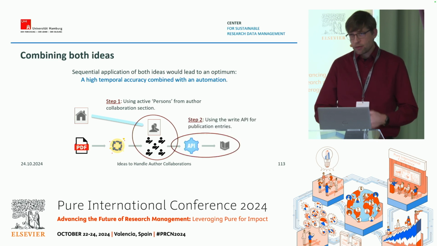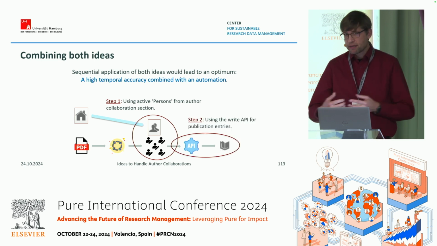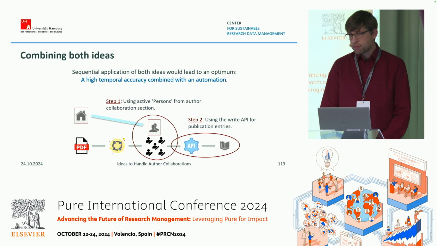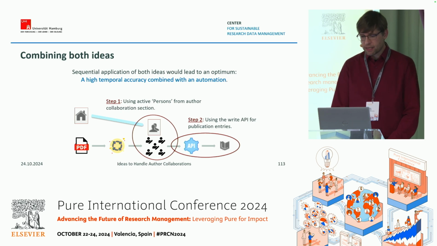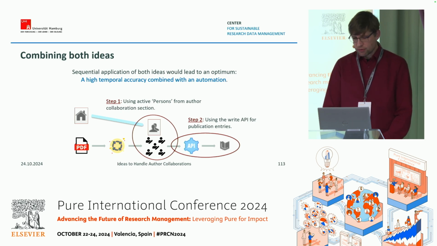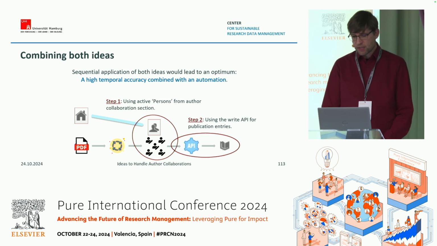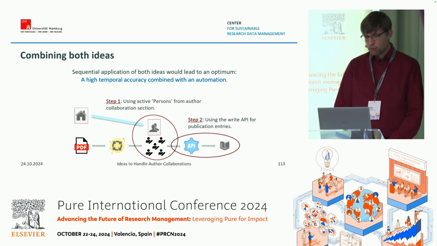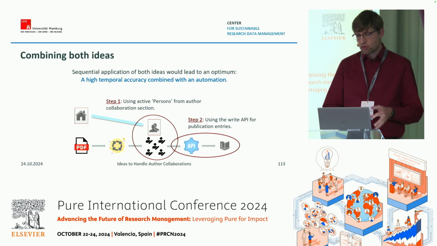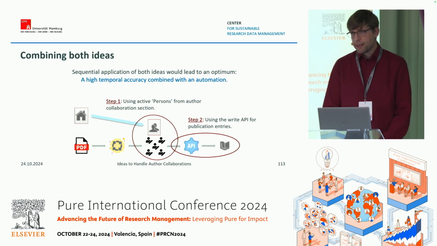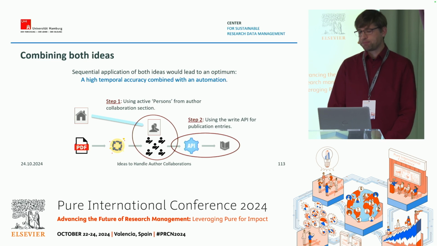Then we use this dynamic list, because we can easily get to the data, and use the Pure API to generate the publication entries in Pure. This would lead us to an optimum, because we can use the high temporal accuracy of the first method combined with the automation process of the second idea.